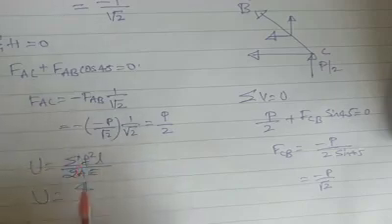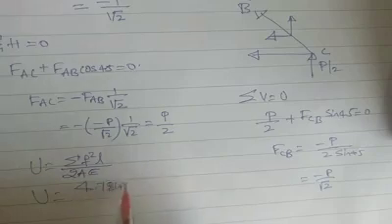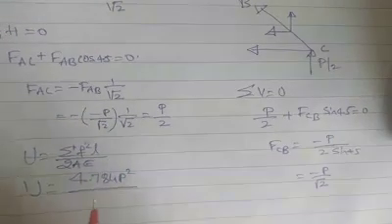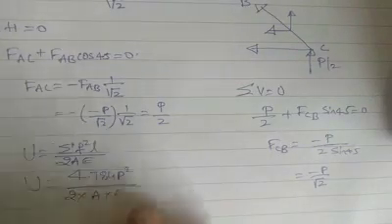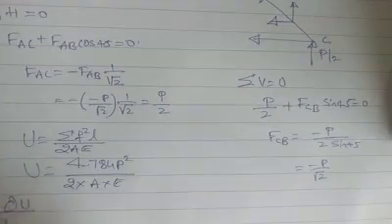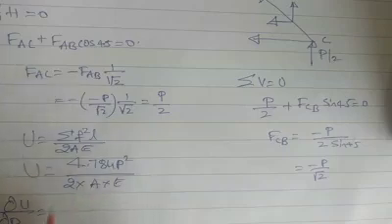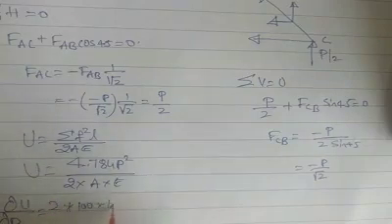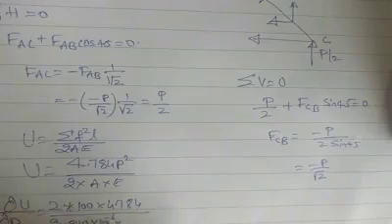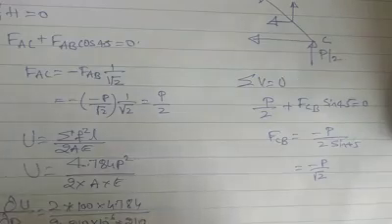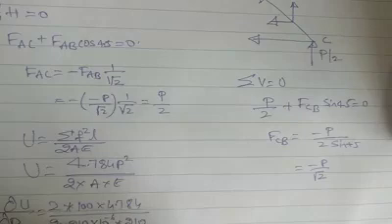Sigma F square L is 4.784 P square by 2 into A into E. Now for deflection we need to do dou U by dou P. This will become 2P, 2 into P is 100 into 4.784 divided by 2 into area 210 into 10 to the power of minus 6, and E is 210 into 10 to the power of 6.